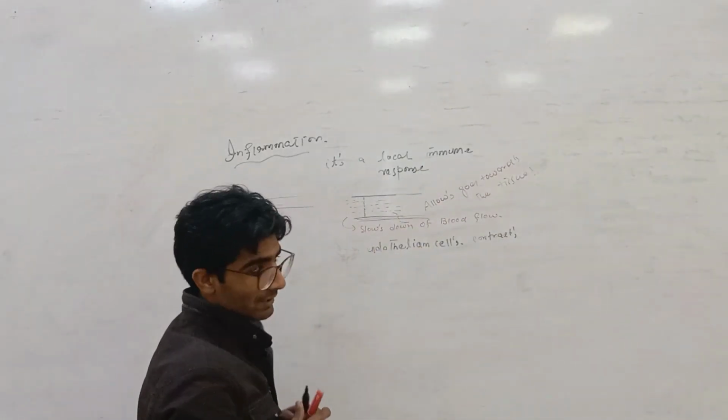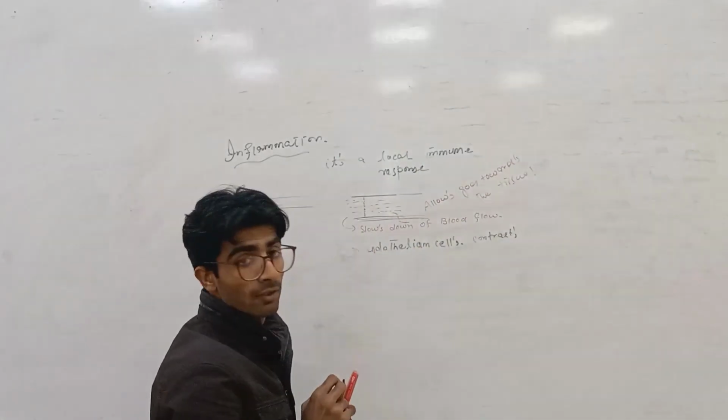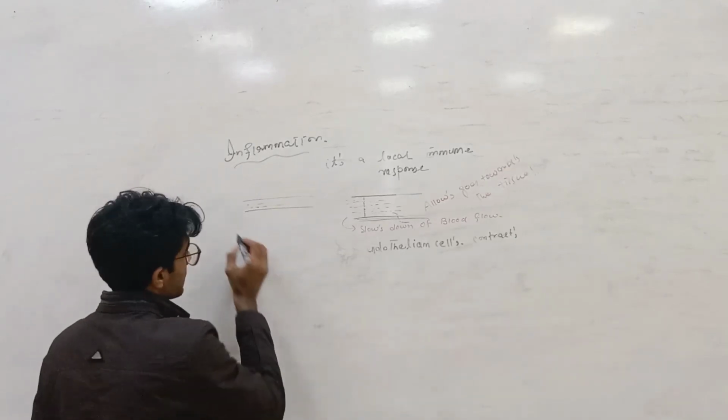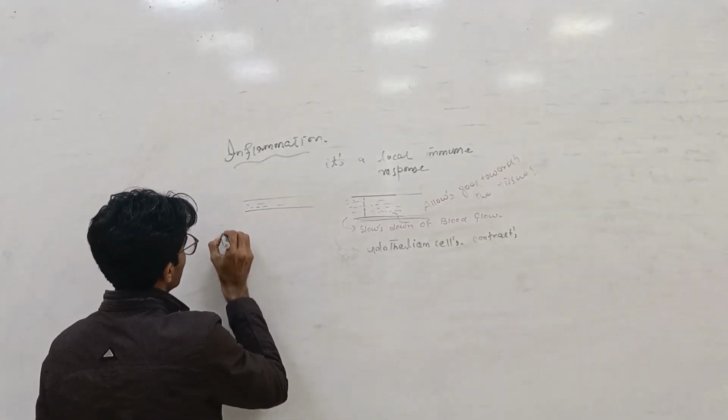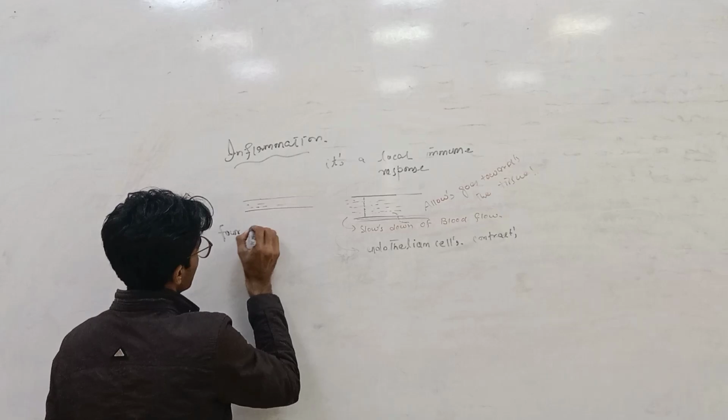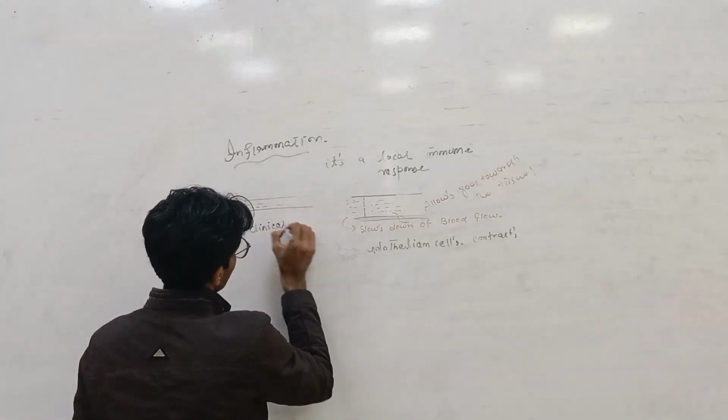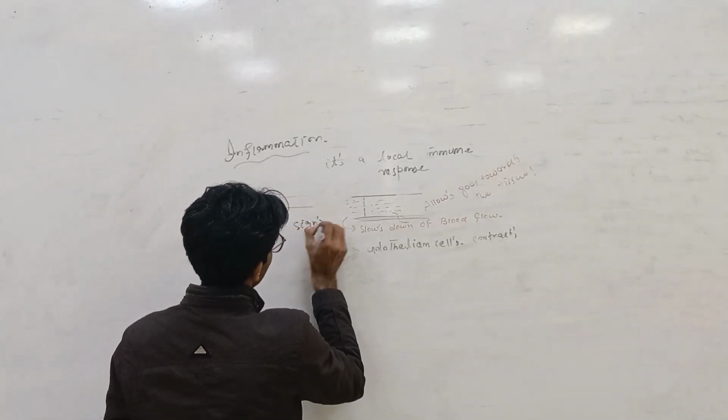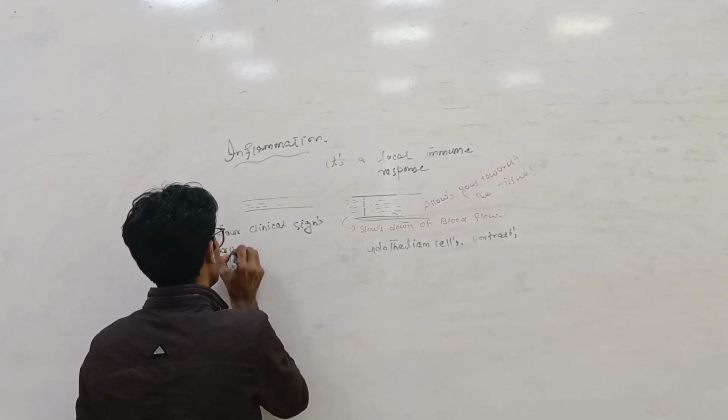Now, what's the next condition that happens? Four clinical signs are produced during inflammation.